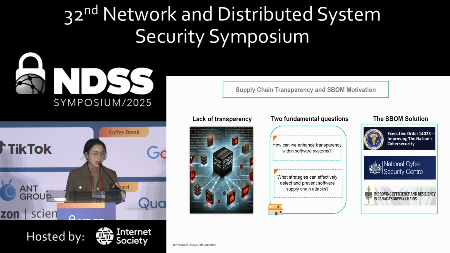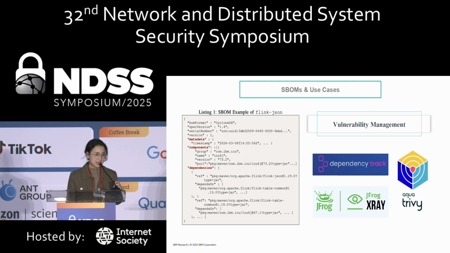The SBOM establishes an inventory list of the software components, and it helps organizations have visibility of what is inside the software and helps them identify and mitigate vulnerabilities. Let's take a close look at what an SBOM is. It is essentially an ingredient list of software components, detailing information related to the metadata, components, and dependencies.